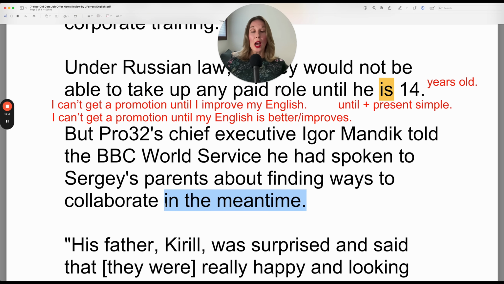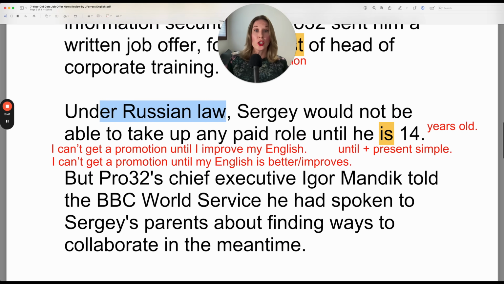Okay, so what time is the meantime? Is between now, when he is 7 years old, and in the future, when he is 14 years old. So that period of time is in the meantime until he is legally allowed to work, and they're going to find ways to collaborate. So collaborate means work together. Now, it can't be in an official paid capacity because that is illegal under Russian law.